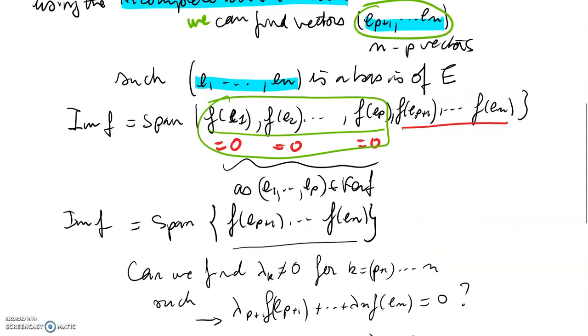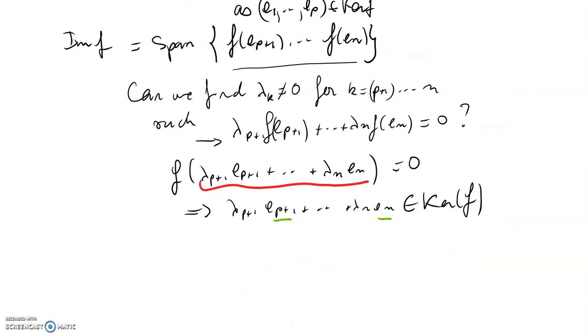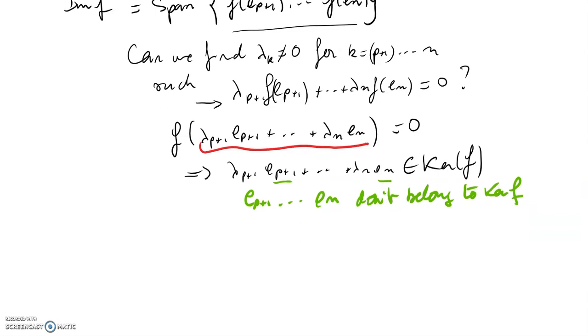So by construction, ep plus 1 up to en don't belong to the kernel of f, but what it means is that this linear combination belongs to the kernel of f, so the only way to do this is to have that lambda p plus 1 up to lambda n is equal to 0.